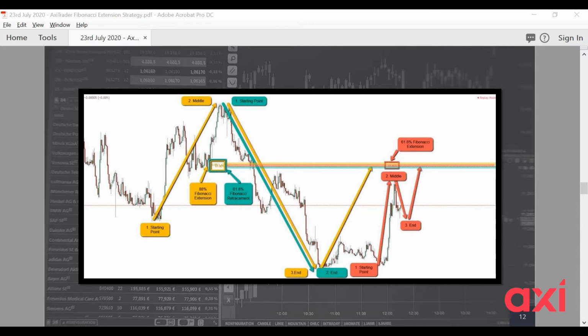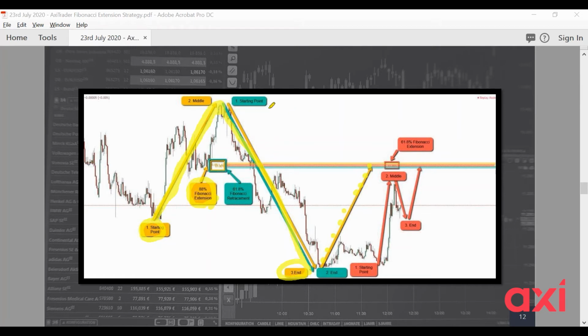I'm going to take out my trusty highlighter. If this is the starting point and this is the middle point, we're drawing a Fibonacci extension from the starting point to the middle point, and this is the ending point. Remember, we're looking at something like a zigzag. Price projects upwards, we find an 88% Fibonacci retracement.